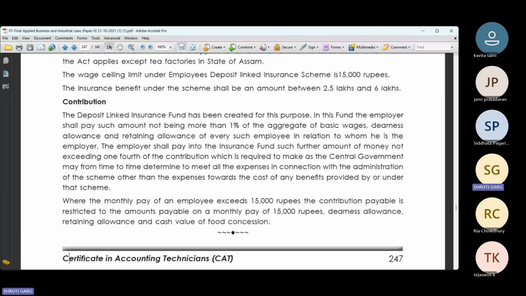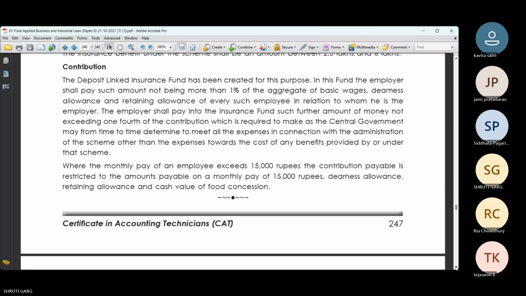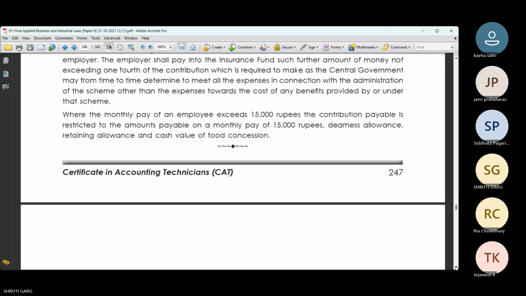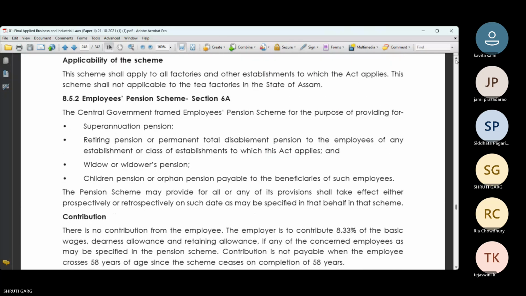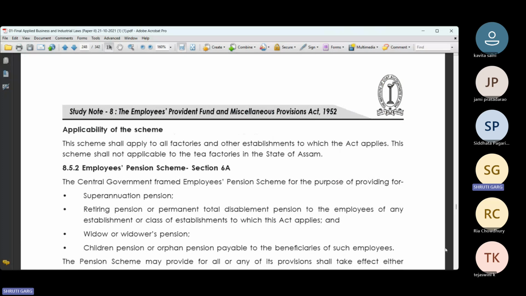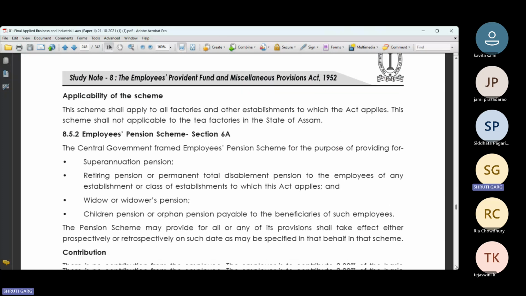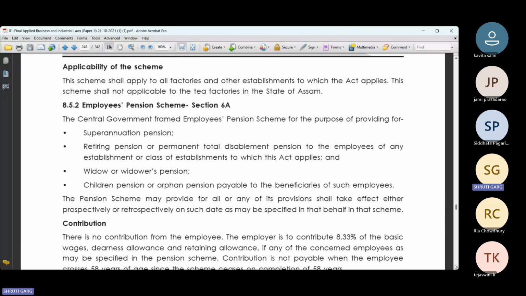Now, second scheme, employees pension scheme. Central government framed the employees pension scheme for the purpose of providing superannuation pension. What is superannuation? Who will tell?